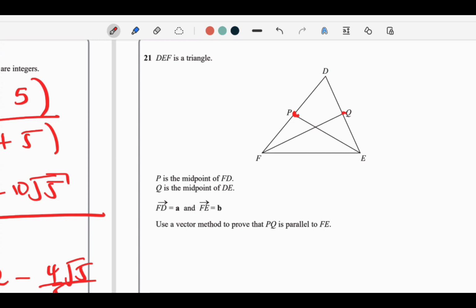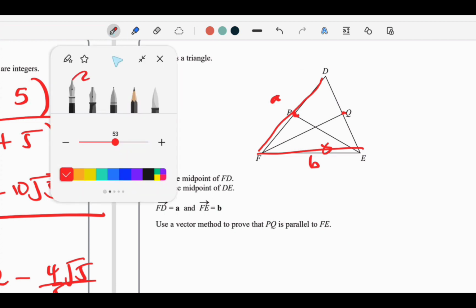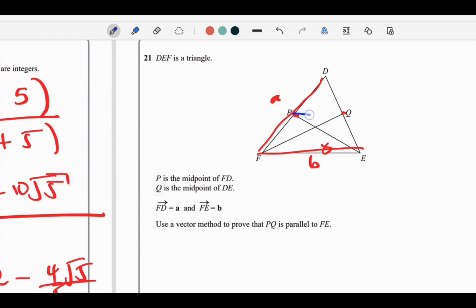FD from F to D, so from here to here, is A. Okay, if it's A, means half of it will be half A. And FE, so from here to here, is B. Use vector method to prove that PQ is parallel to FE. PQ, this is PQ right here, will be parallel to FE.